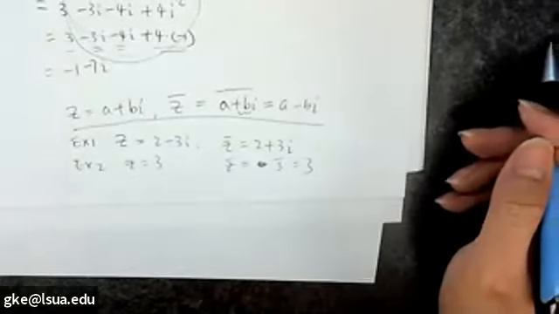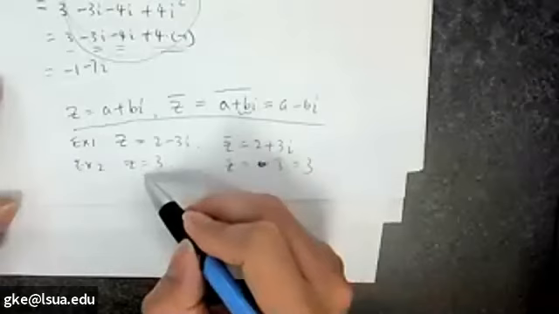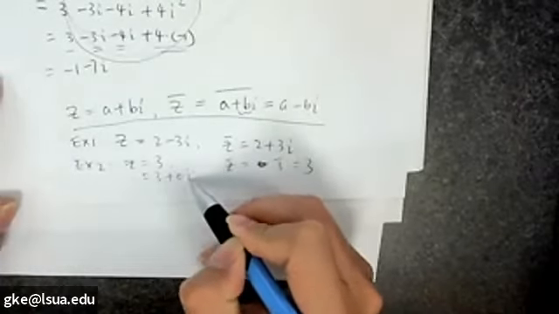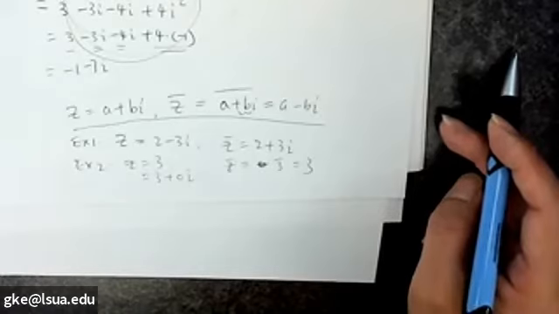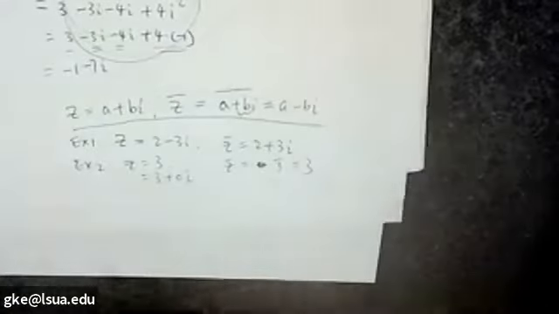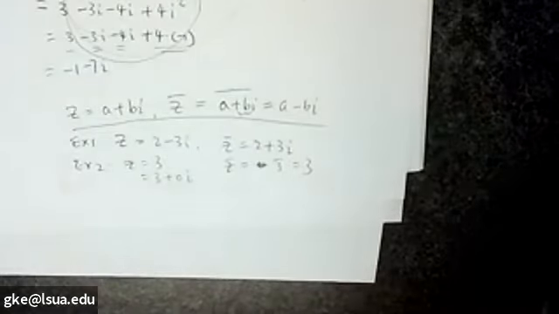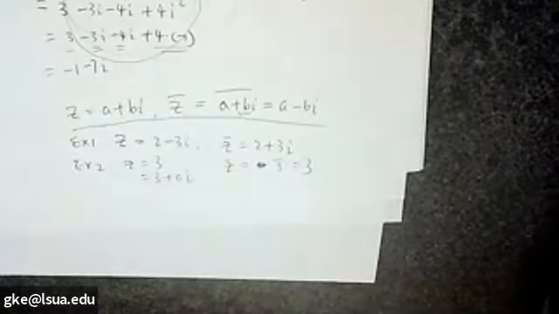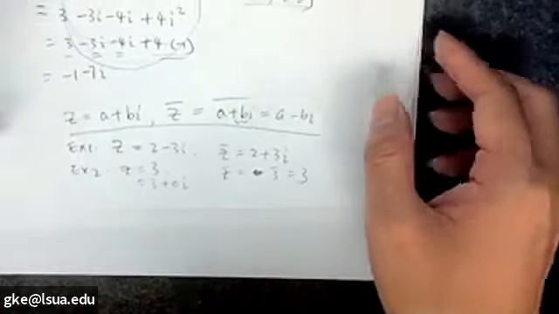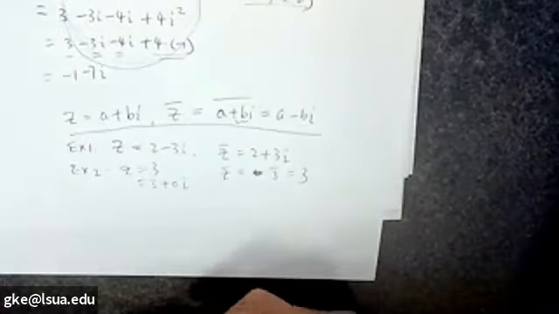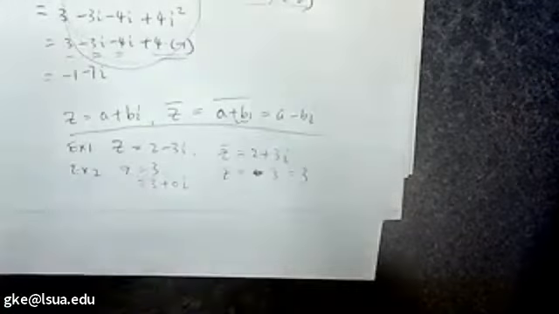That's the real part. Because 3 can be written as 3 plus 0i, the imaginary part is 0. If you change the sign, it doesn't matter. It's still a real part, 3. Agree? That's the tricky part. I know some of you are going to make a mistake, but I want you to understand the definition very clearly. It's only about imaginary parts, okay?